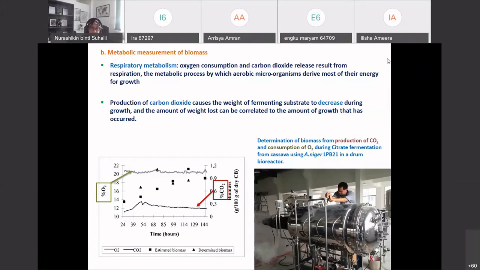But if you do the dilution, you measure the diluted samples, you multiply with the dilution factor, you might get a reading of 3.5. So you can see the error that you have made, 3.5 compared to 1.2. So that's why you have to apply the right technique in measuring the absorbance.